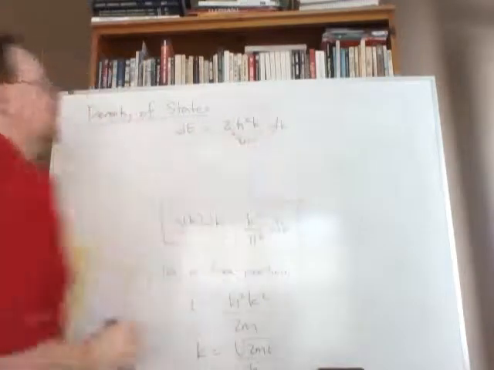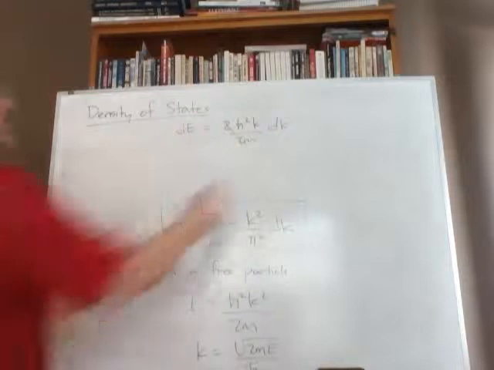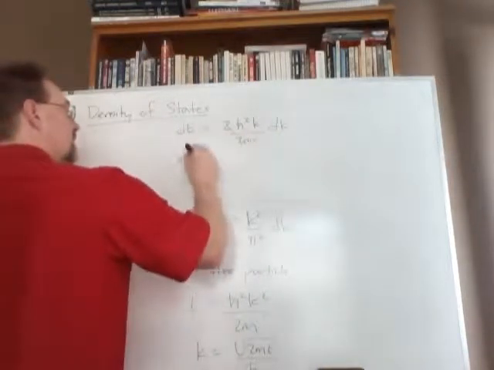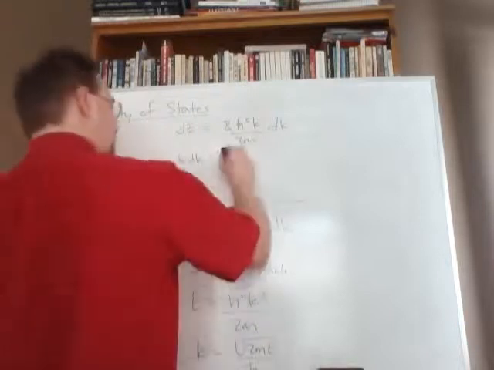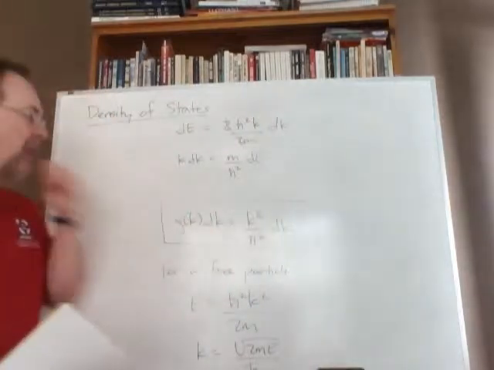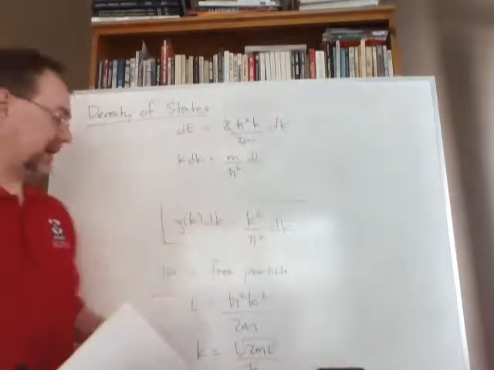The 2's cancel, and I can rearrange a little bit and note that k dk is equal to m over h bar squared dE. Okay, so I see here that I've got k squared dk.